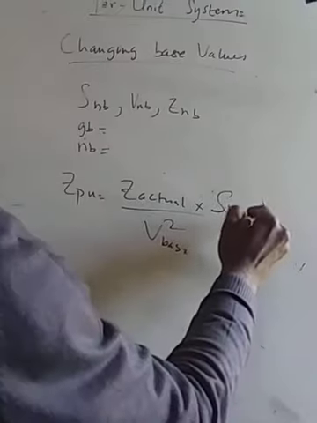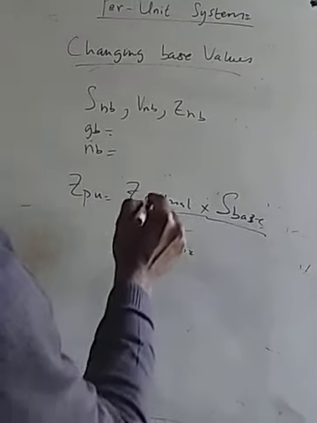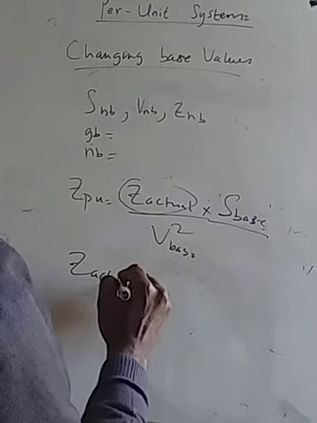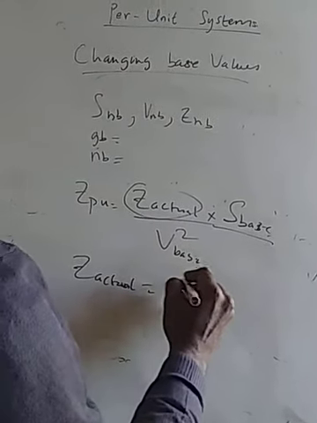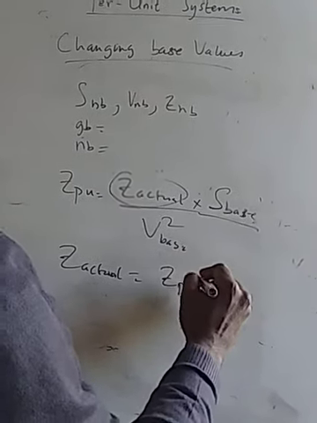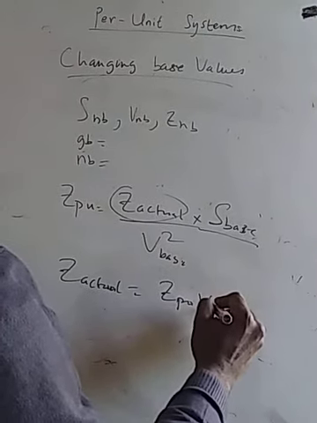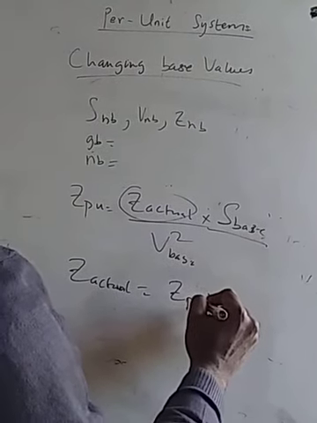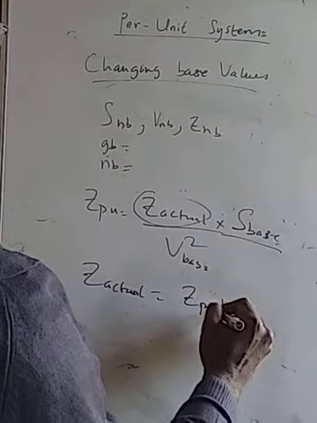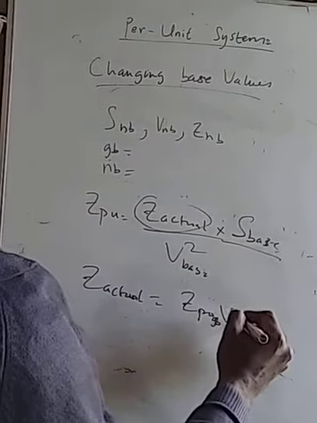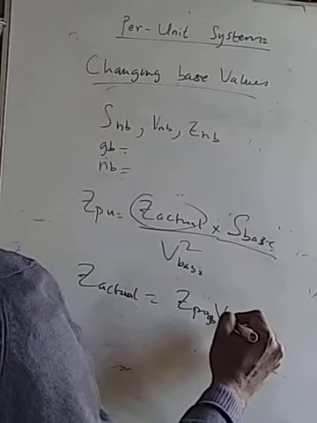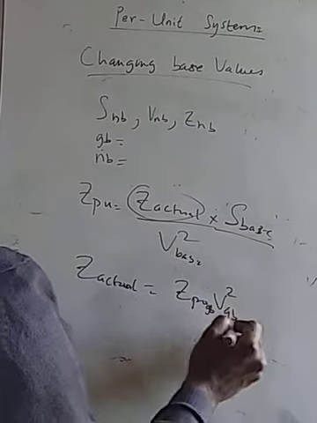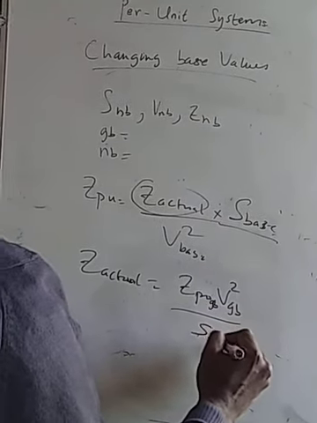Then, based on this, you can find your Z actual. If you make Z actual the subject of the formula, then you now have ZPU given base times V given base squared, divided by S given base.